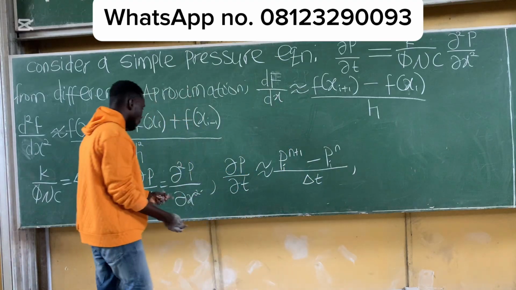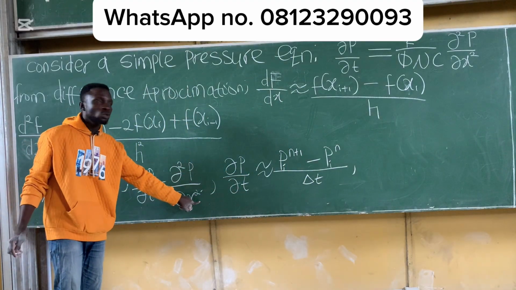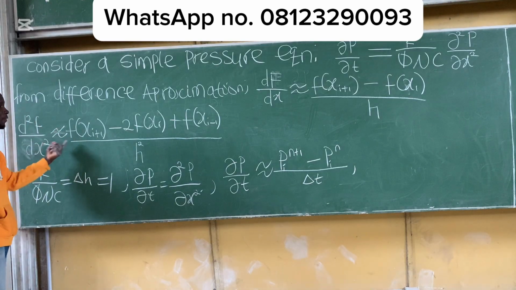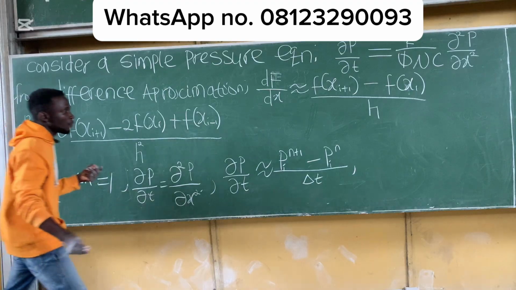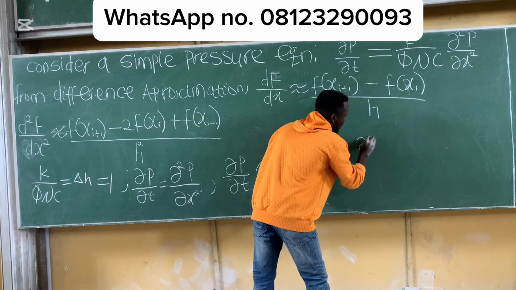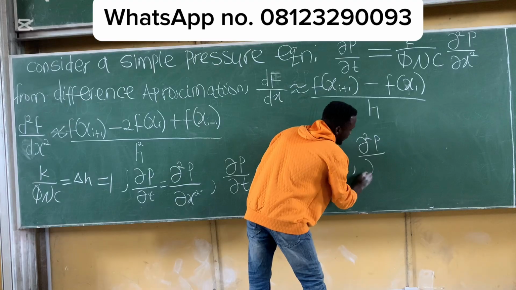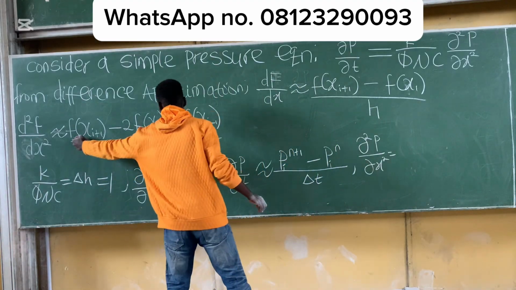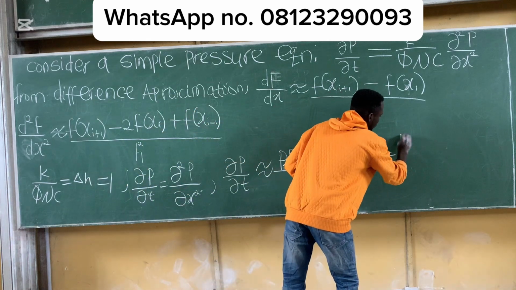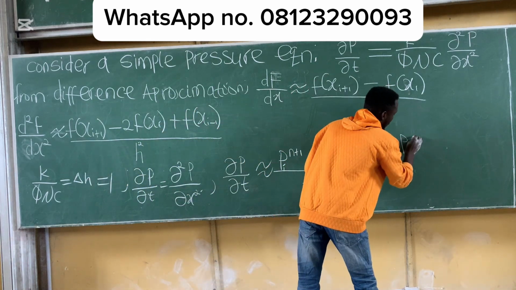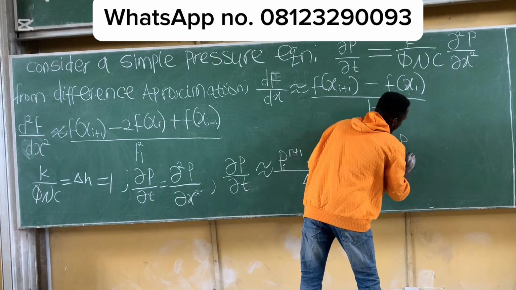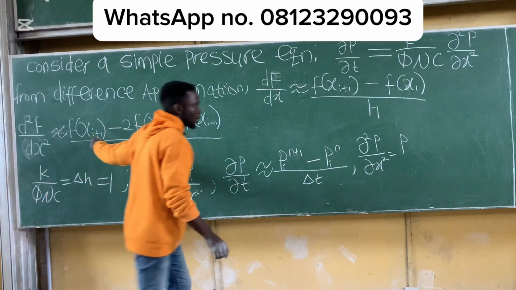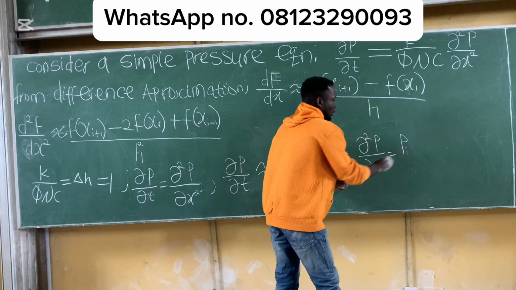Then also compare our d squared P over dx squared to the second order finite forward difference equation. If you compare it, d squared P divided by dx squared will also be equal to, in place of this, P at xi plus 1, so here will be i plus 1.